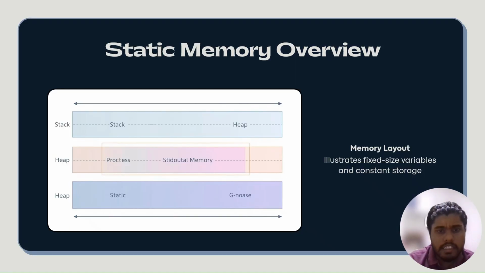Stack memory is used for function calls and local variables. It follows a last in first out structure. Memory allocation and deallocation happen automatically, making it fast but limited in size.